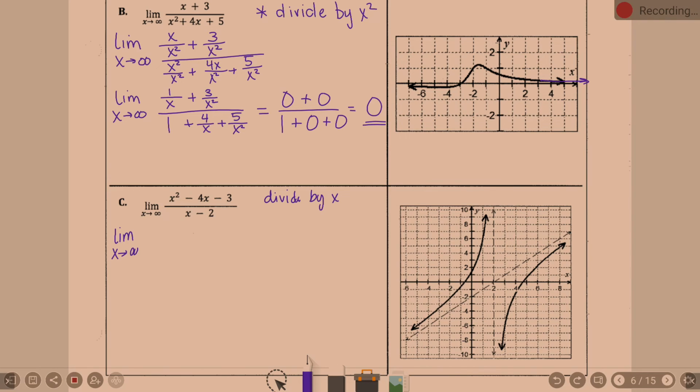Minus, 4x divided by x is 4, minus 3 over x. Over 1. X divided by x is 1, minus 2. Good job.